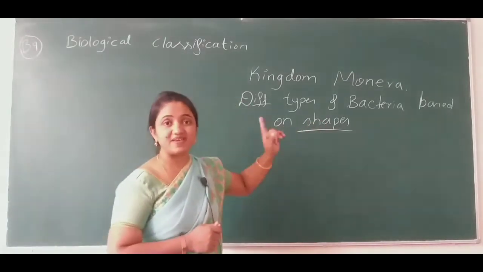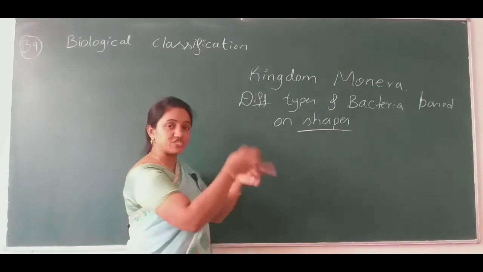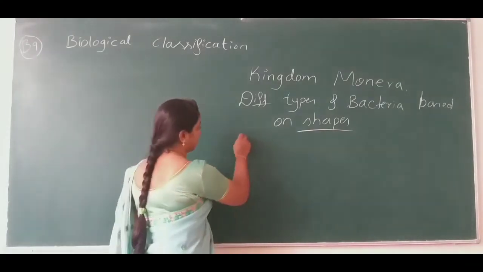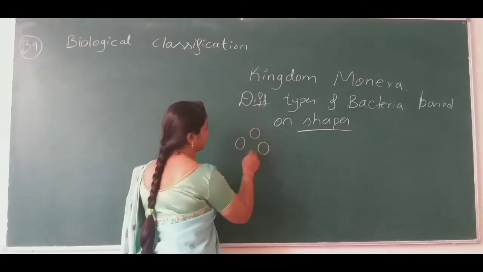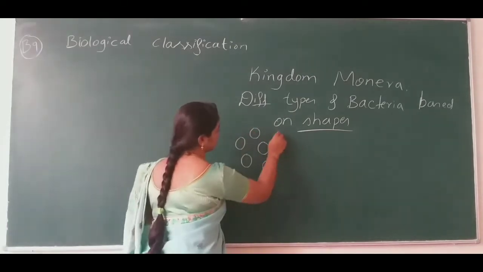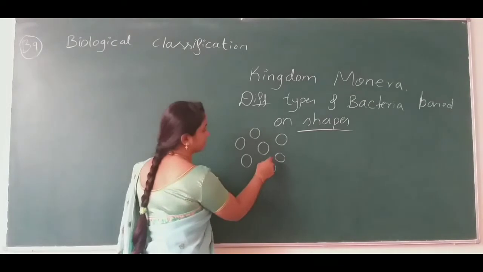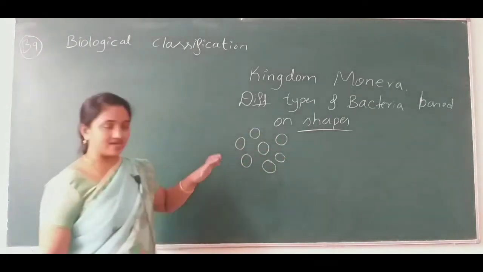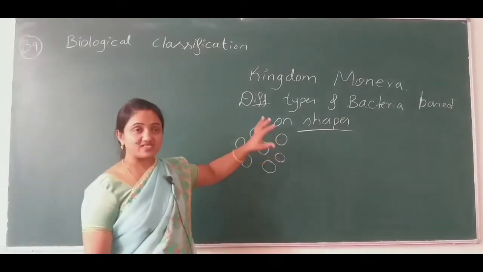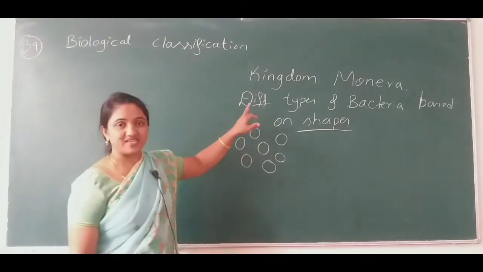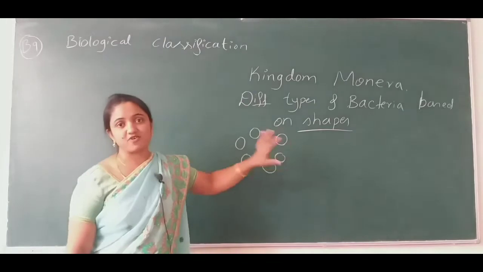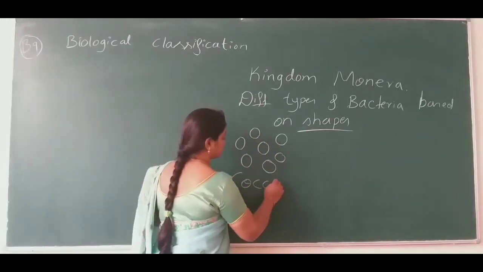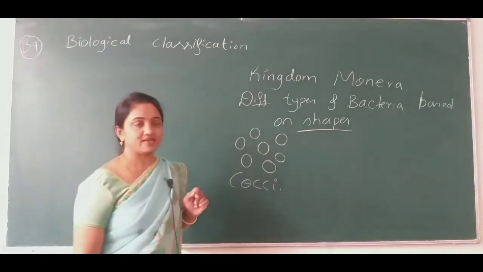They have given different types based on the shapes. The shapes are, one, spherical. This is one spherical bacterium, and there are a number of bacteria whose shape is spherical in nature, and that type of bacteria is known as cocci.